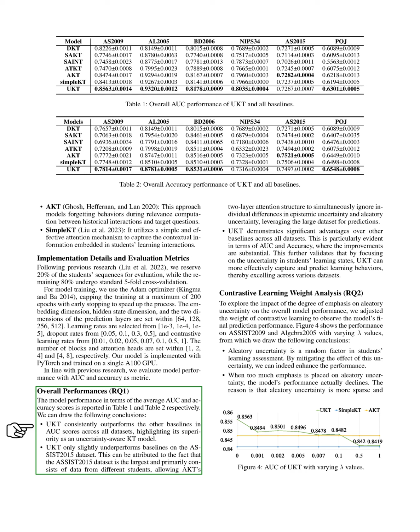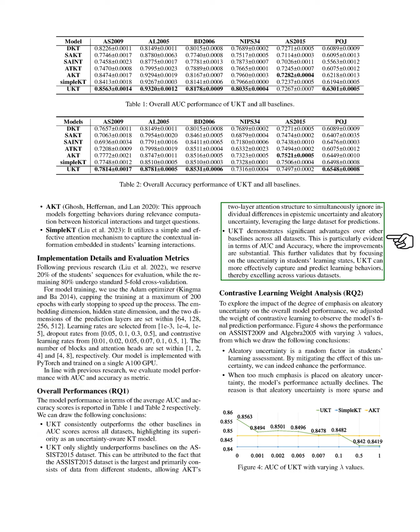The only slight underperformance occurs on the ASSIST 2015 dataset, which is the largest and includes diverse student data. This allows the AKT model's 2-layer attention structure to overlook individual differences in uncertainties, benefiting from the extensive dataset for predictions. Overall, UKT shows significant advantages in AUC and accuracy across all datasets, validating that by concentrating on uncertainties in students' learning states, we can better capture and predict their learning behaviors.